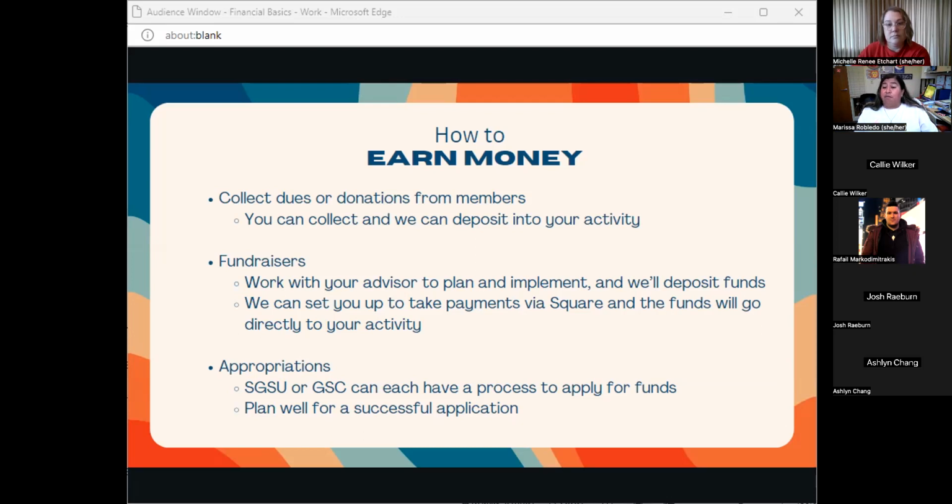We're speaking from experience, where that happened to a club member who had to pay $1,000 out of pocket because they were taxed. So we want to avoid putting you all in any financial hardship that can come up. So we are now moving to using Square, which automatically deposits the money into your account. Good to know.